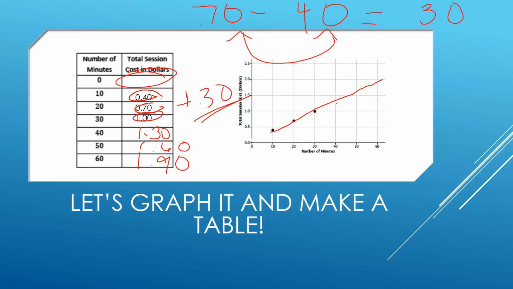What do we need to add to 40 cents to get to 70 cents? You can pause it and figure it out. One way to figure it out is using the bigger number minus the smaller number.